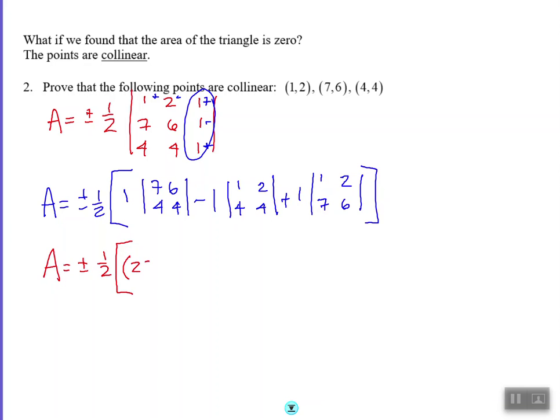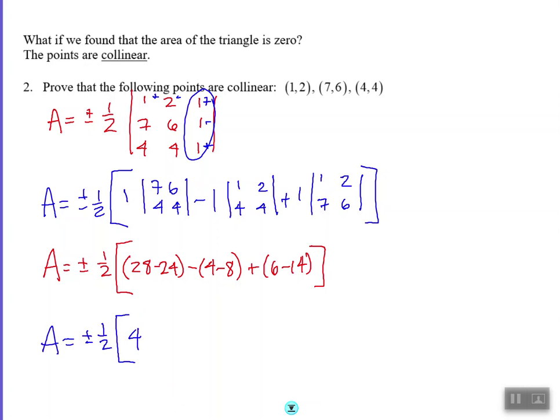So we get 28 minus 24, minus 4 minus 8, plus 6 minus 14. So when we do our math, we get 4 minus negative 4 plus negative 8, and we end up with 0. This shows that these 3 points are in fact collinear.